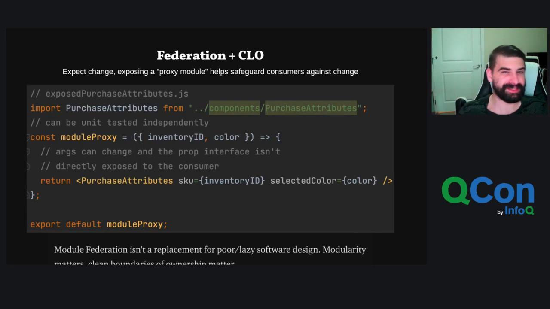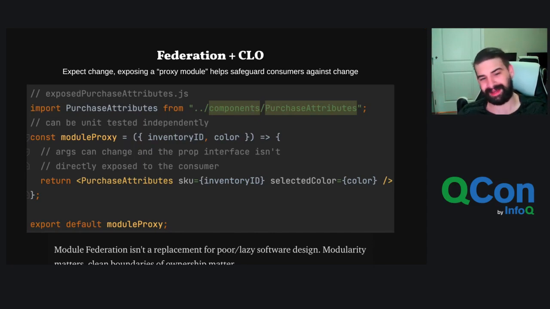Component level ownership is geared toward the future while still offering a solution for what we have today. If we combine module federation and component level ownership together, there's still one additional step that I usually prefer to put in place. I call this extra step the proxy module.